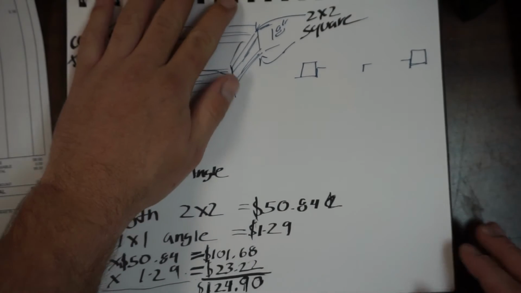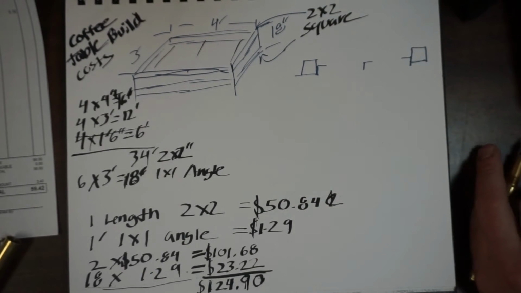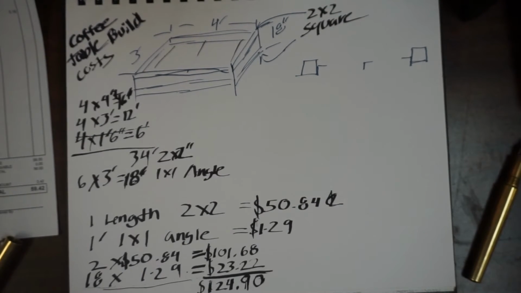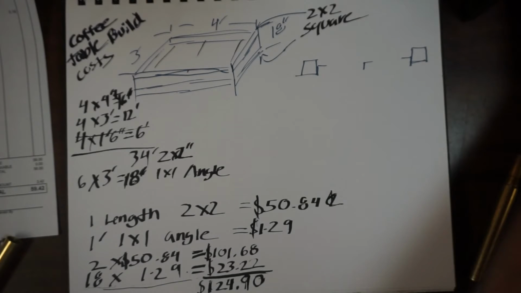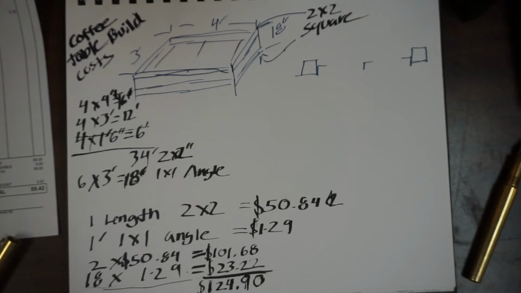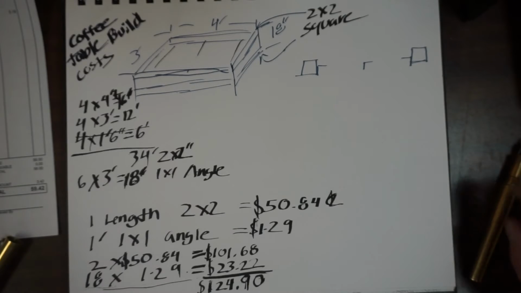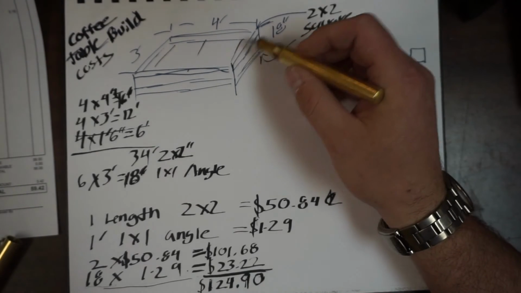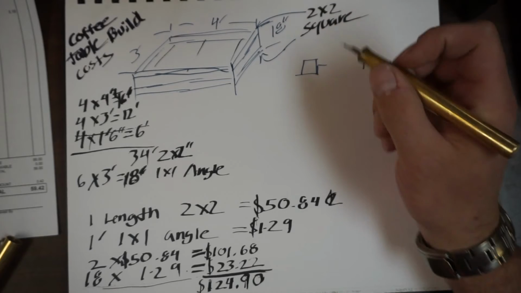So $124.90 for the framework. And now let's go ahead and find the cost of Padauk per linear foot. Woodworker's Source is a good place to find that type of information. But first off, we need to figure out what the area of our box is.